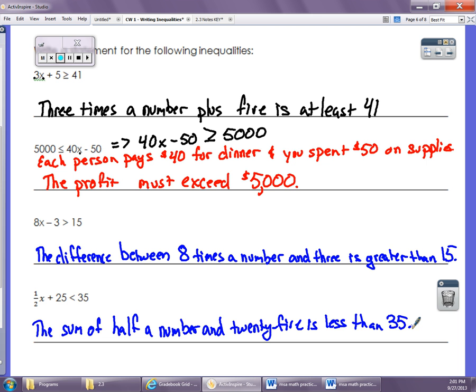You didn't have to use the exact same words as that, but you need something that represents subtraction, something that represents addition, and something that represents greater than here and less than in the fourth one. And now we have 4 more questions.